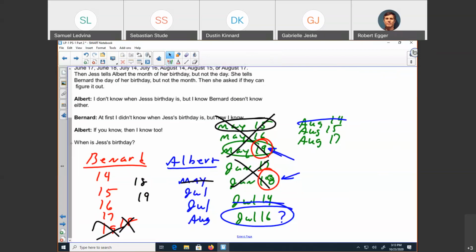We ruled out May and June. The reason it can't be the 15th or 17th is because Albert knows the answer. It could have been August 15th or August 17th, but then Albert couldn't come back saying, I know what the date is also.